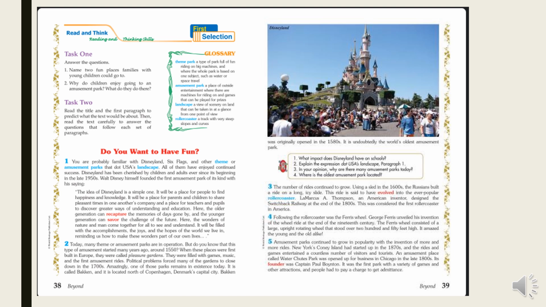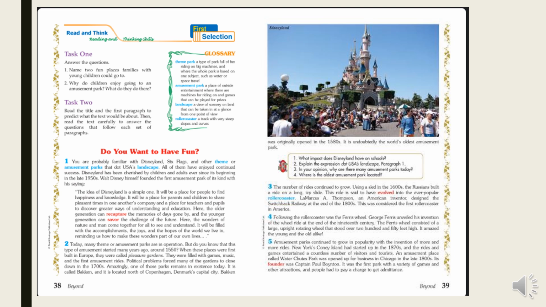Lamarcus A. Thompson, an American inventor, designed the switchback railway at the end of the 1800s. This was considered the first roller coaster in America. Following the roller coaster was the Ferris wheel.